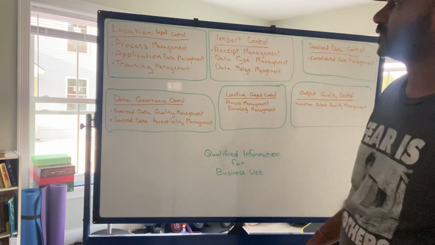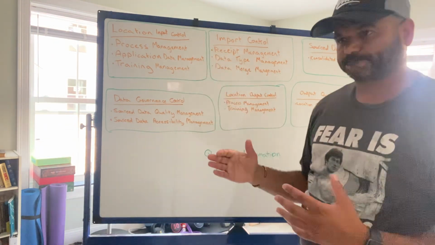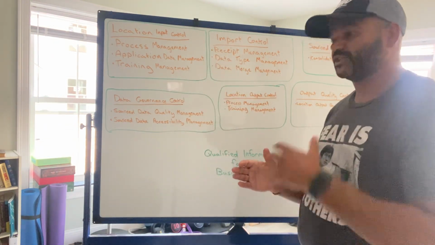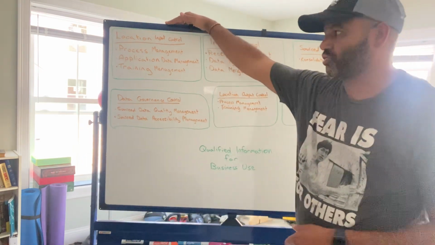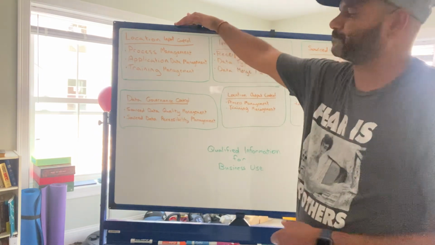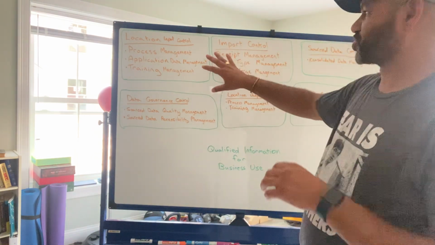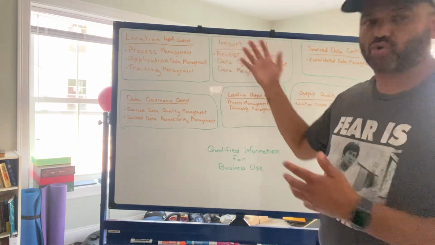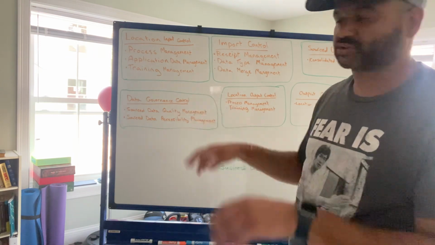So that first level, where you've got each location of the business, would be your location input control part. I changed the names to switch them over to controls as opposed to just random labels on those boxes.